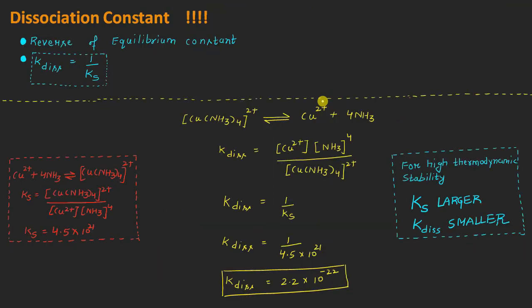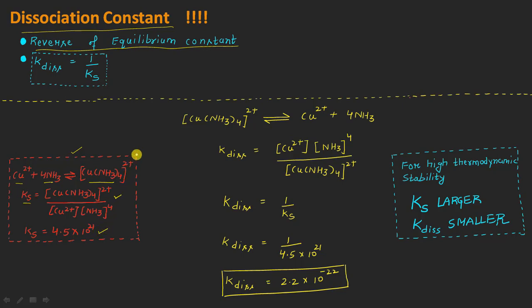After that, there is another thing known as the dissociation constant, and obviously it will be the reverse of the equilibrium constant, which we have just discussed. So this is our old equilibrium reaction, copper ions and 4 ammonia, resulting in the formation of this tetraamine copper complex, and this is the Ks, which we have just discussed, with the value 4.5 × 10^21.